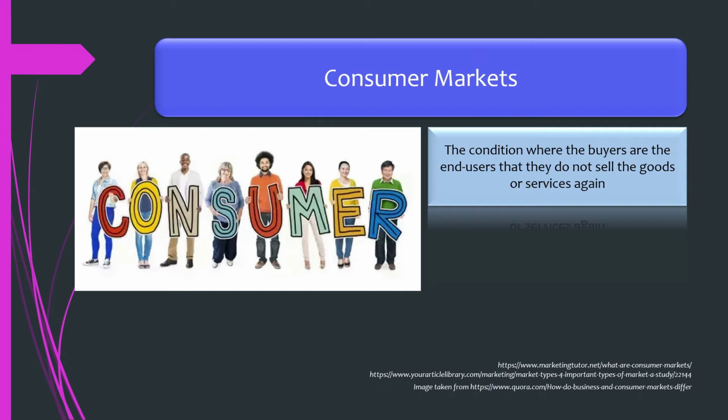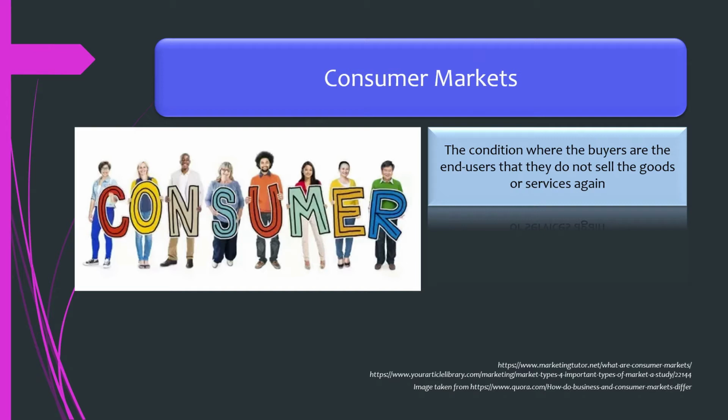But for now, what we are concerned with more is the things that you buy, whether goods or services, and after you have got the things or the service, you keep it for yourself. Or at least, if you want to give it to somebody else, it's okay, but you do not sell it.